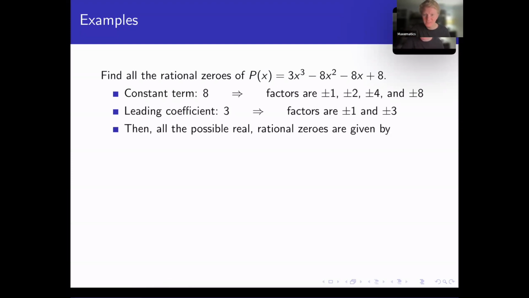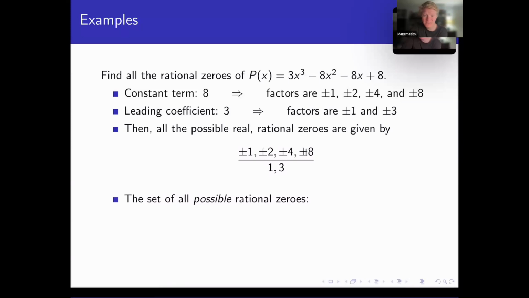So the set of all possible rational zeros would be plus and minus 1, plus and minus 2, plus and minus 4, plus and minus 8, over 1, 3. Again, take the constant factors, divide them by the leading coefficient factors. And now the set of all these zeros is a lot longer. So this is not fun.